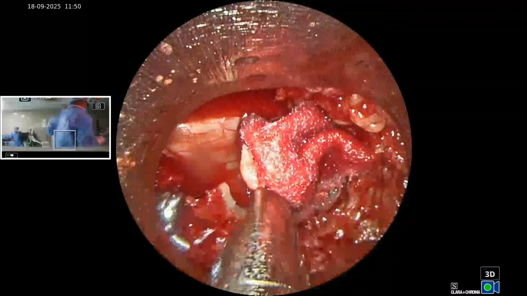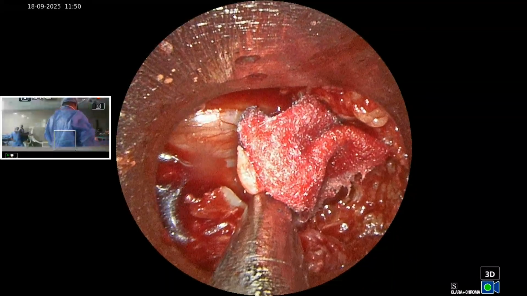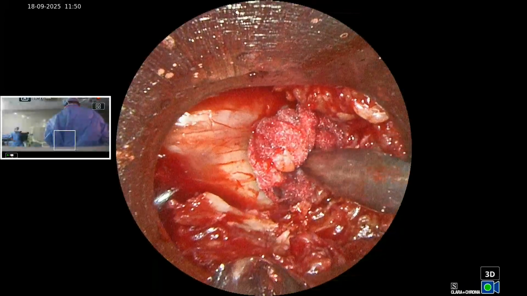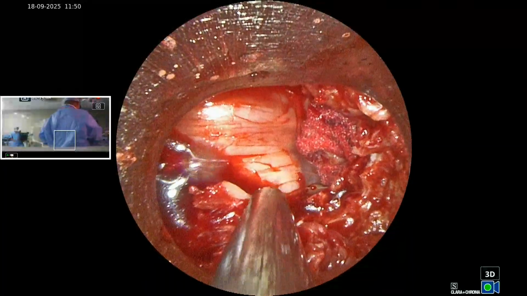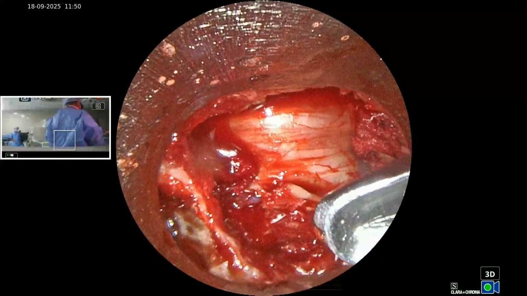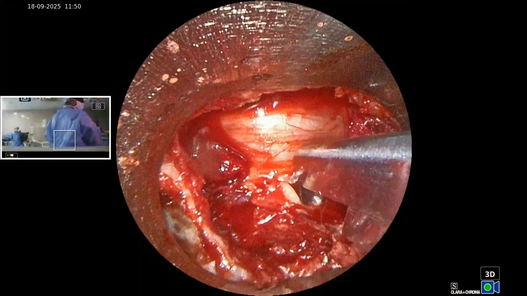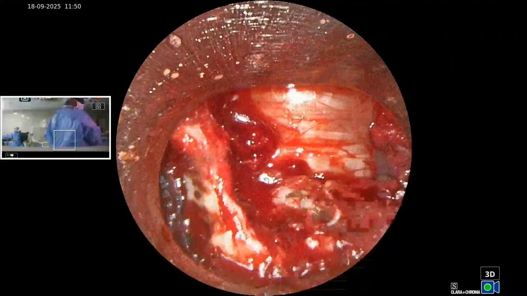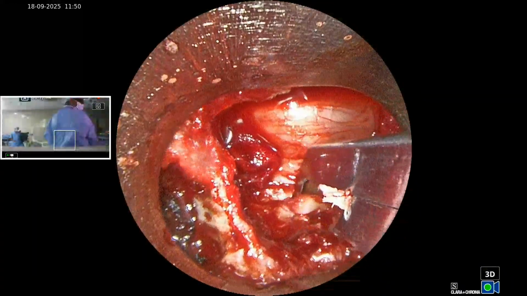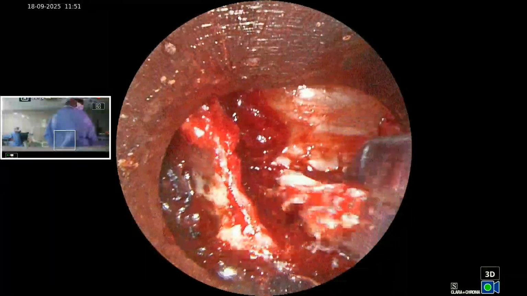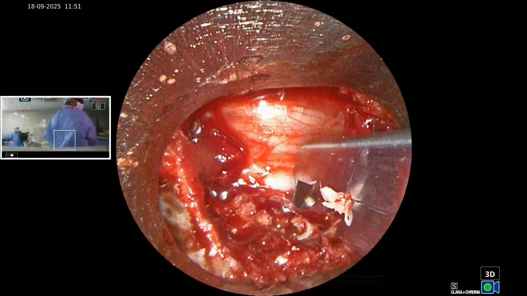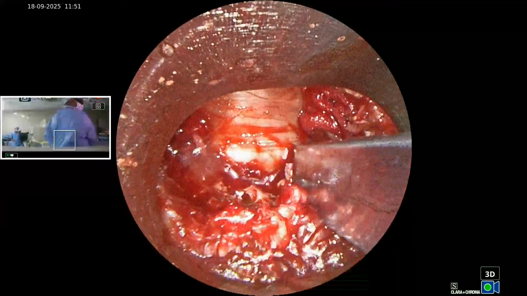Spatula. And this is the medial aspect of the SAP. This is on the nerve root, hypertrophic portions that has to be removed so that complete nerve will be decompressed.